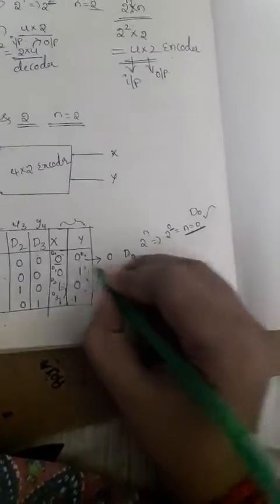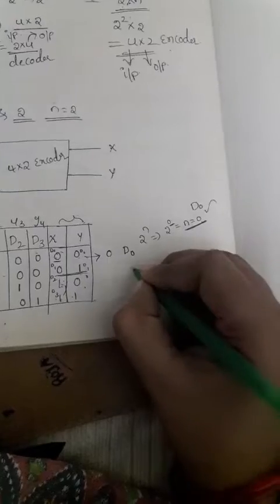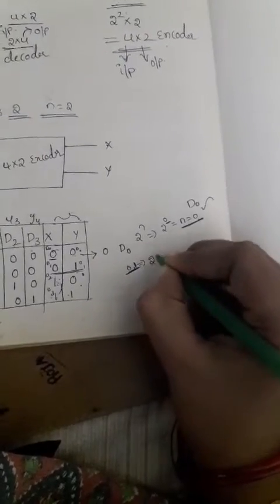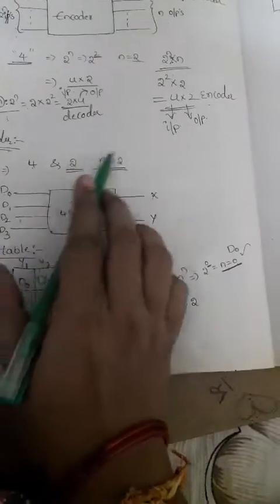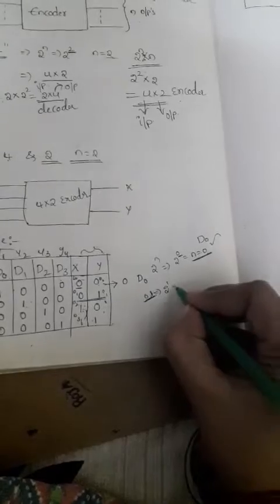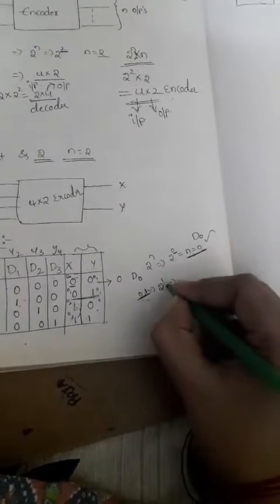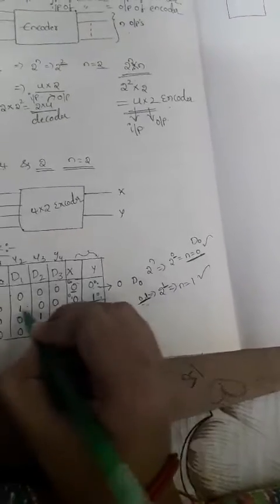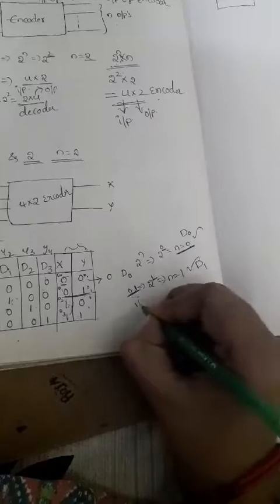Okay, so next the second one is the 0 1 case. 0 1 in decimal is 1. So input lines we can refer to by the input line formula, 2 power n, right? So 2 power 1 we are getting in this case, which means n is equal to 1, so D1 will be highlighted. Next is 1 0, which in decimal is 2.